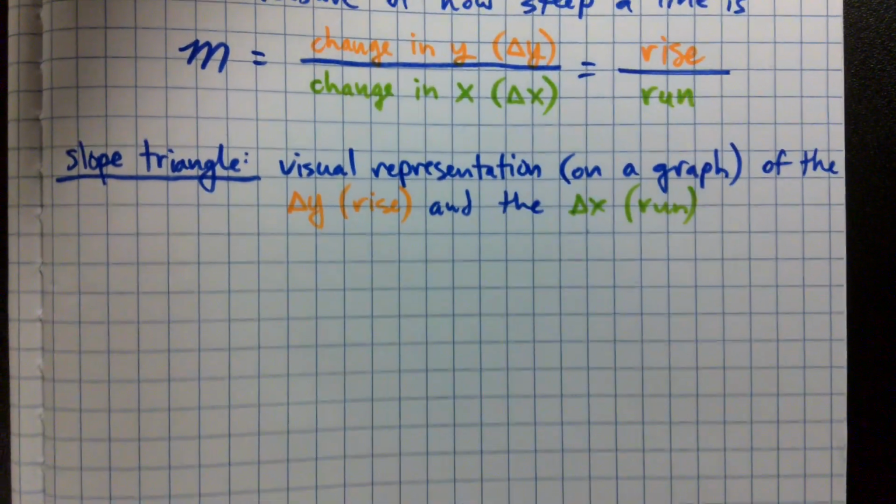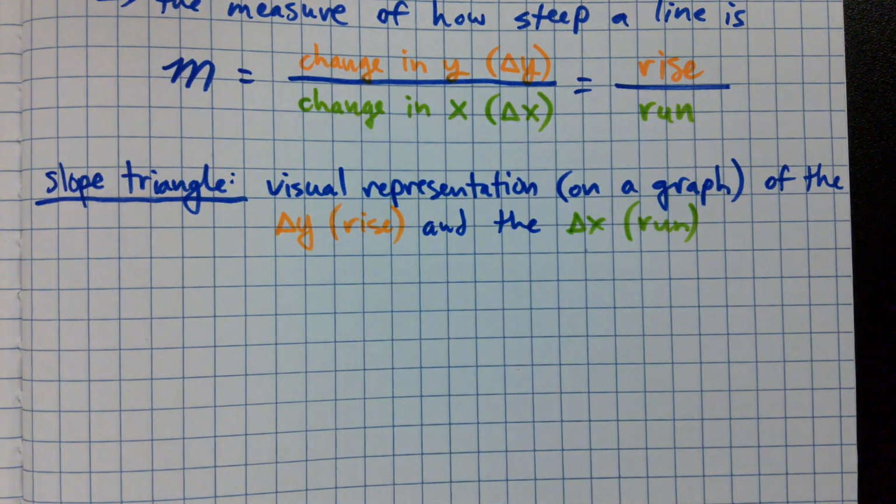So a slope triangle is something we're going to draw on our graph from one point to the next. And it's a visual representation of the change in y, or rise, and the change in x, or run.